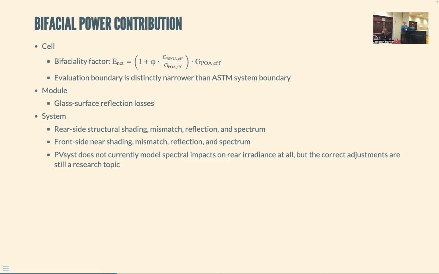The effect of bifaciality at the cell level: there are impediments to the light reaching the active material from behind that are not as present on the front. So you have an asymmetry, the bifaciality factor. But that is characterized at the module level.